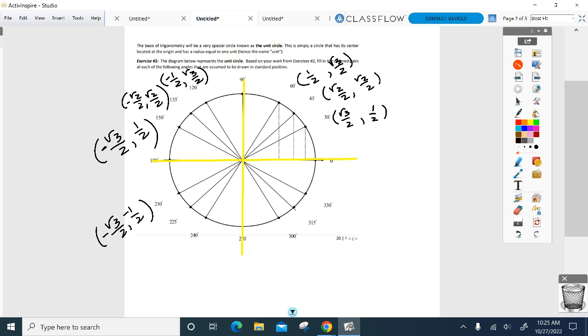All right, find the other 5 angles now. Just got to find its reference angle. And I guarantee you, I promise you, the reference angle will always be 30, 60, or 45.